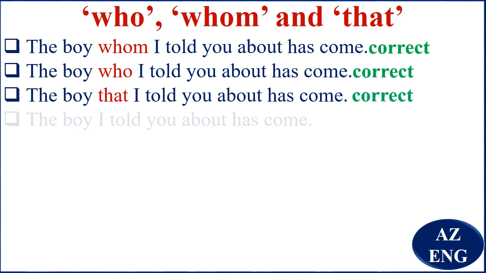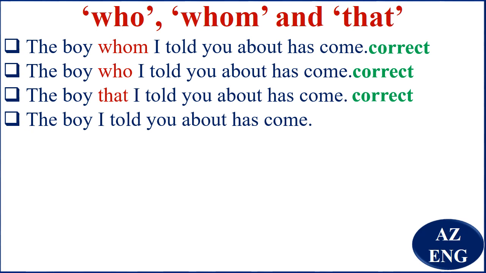This too is correct. The boy that I told you about has come. This too is correct. This means I can say the boy whom I told you about has come, the boy who I told you about has come, the boy that I told you about has come, the boy I told you about has come.